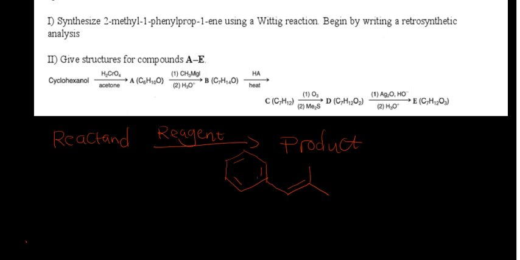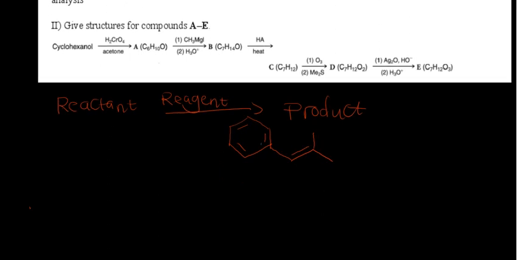So which reactants, rather, are we going to use? Reactant and reagent. We can see from here that to make a Wittig reagent, we need one part as an aldehyde and one as a Wittig reagent.